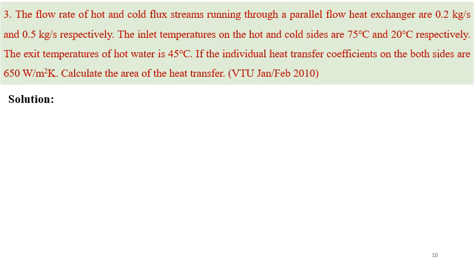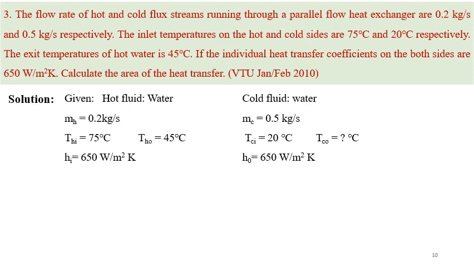We will write the given values. Hot fluid is water, cold fluid is also water. Mass flow rate is 0.2 kg per second for the hot fluid and 0.5 kg per second for the cold fluid. THI is 75, TH naught is 45, TCI is 20, TC naught is unknown, HI is 650 and H naught is 650. These are the given data.